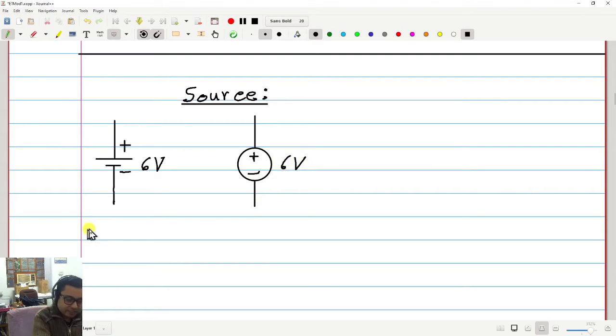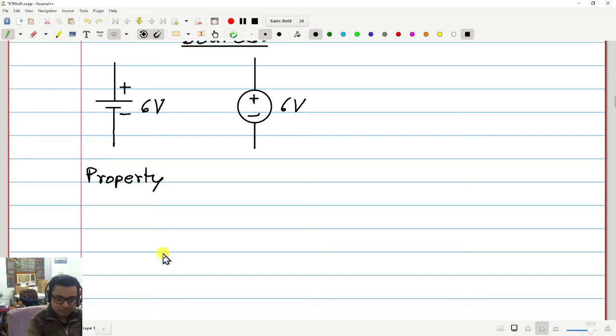Now, what are the important properties of this source? The main property is that the voltage or the potential difference across the two terminals of this source, from here to here, is always fixed.